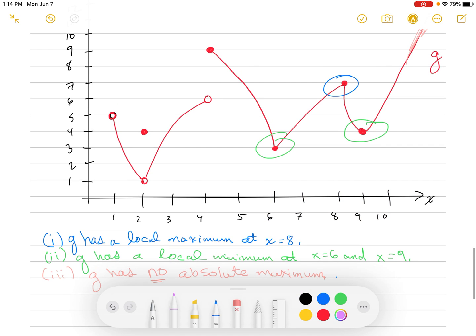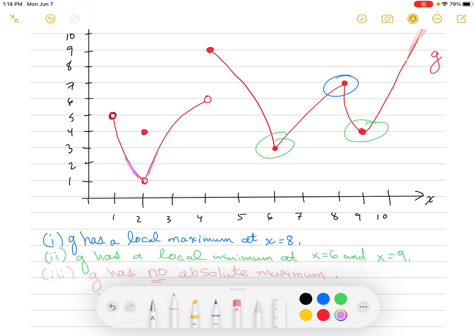Is there an absolutely lowest place on the graph? Well, you might think right here is the lowest place on the graph, but that is not the lowest place because that's not part of the graph. So it turns out that the y values keep going down and they get closer and closer to 1 as a y value, but they never get there.